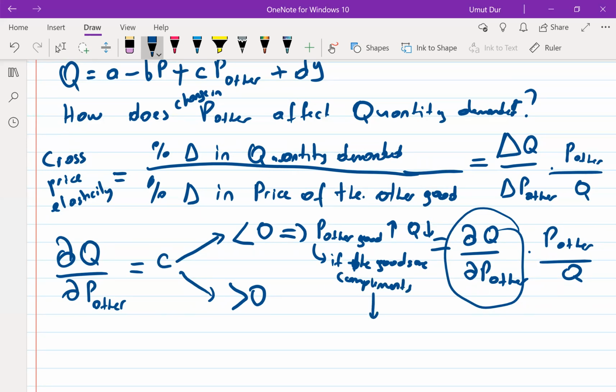What can we think about complementary goods as the following? For example, if you drink coffee with milk all the time, then if the price of milk increases, this will negatively affect your quantity demanded for coffee.